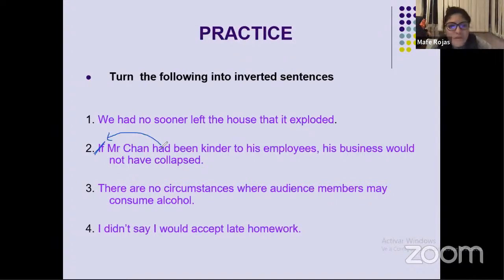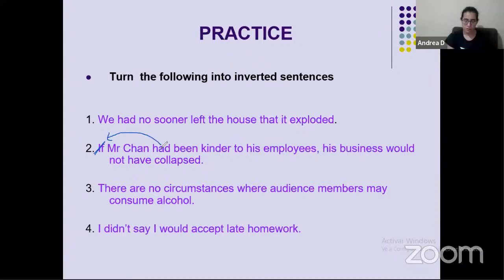Under no circumstances. But that is not the order: negative, verb, under no circumstances.